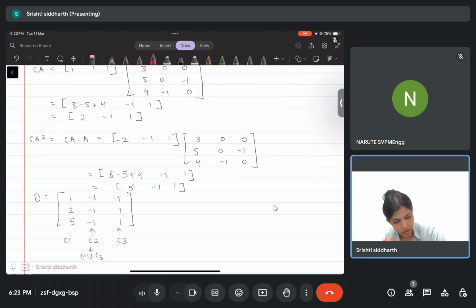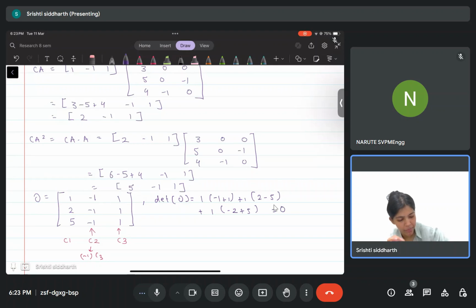What we can just quickly calculate also is the determinant. This is 1 times (-1 plus 1), minus (-1) times (2 minus 5), plus 1 times (-2 plus 5).